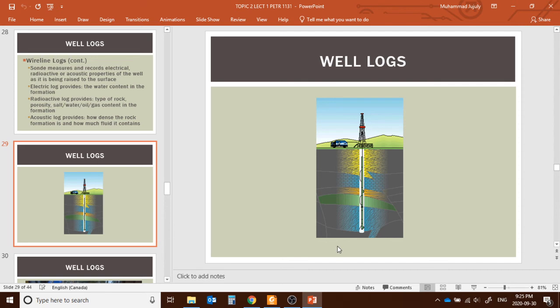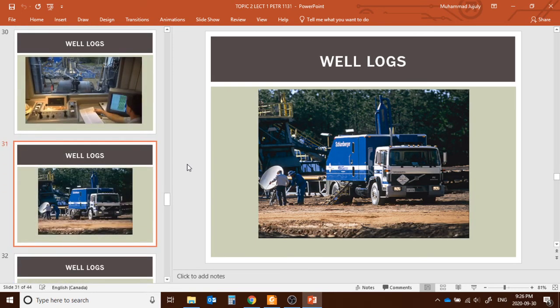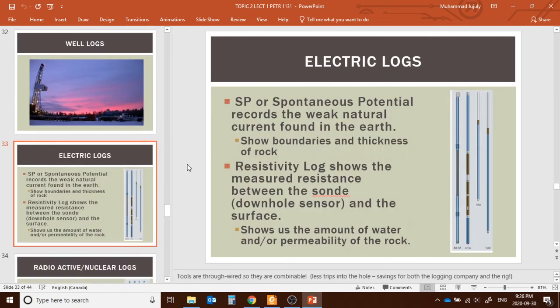And when we drill, then we send these sensors. So these are the sondes or the sensors. They look like these cables, okay, to get the logs. Now the field actually looks like that. Here is the geologist looking at the computer, analyzing the data real time from the sondes. Okay, so this is how it works.